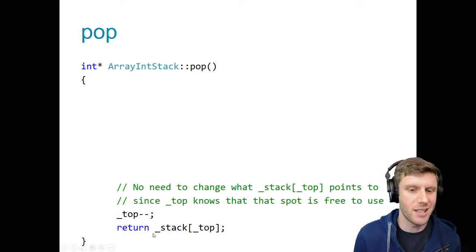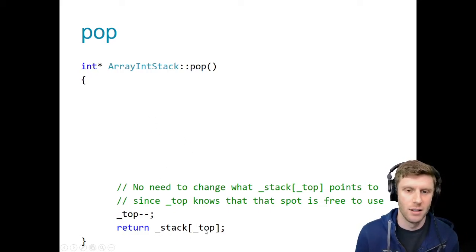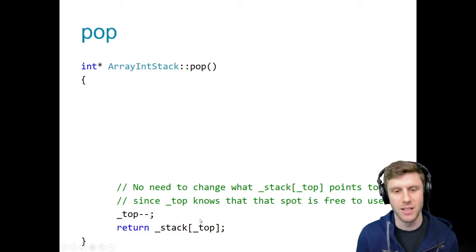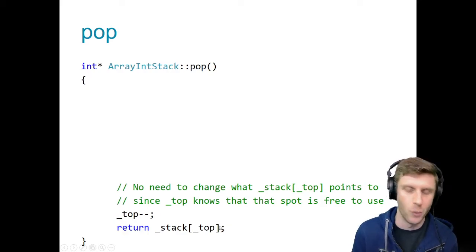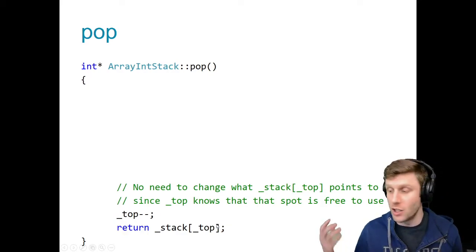Well, just decrease top and then return the thing at stack top. There, done. Because as soon as we decrease top, that's the same thing as saying top equals top minus 1, which we're going to want to do.